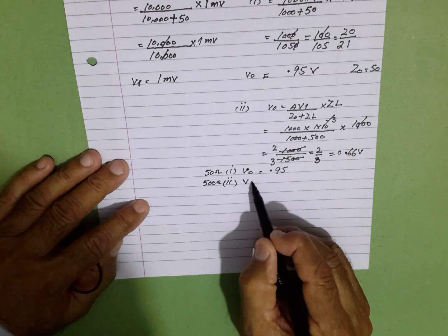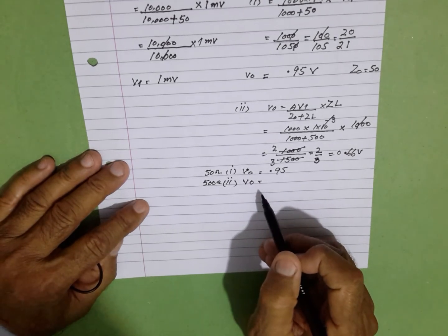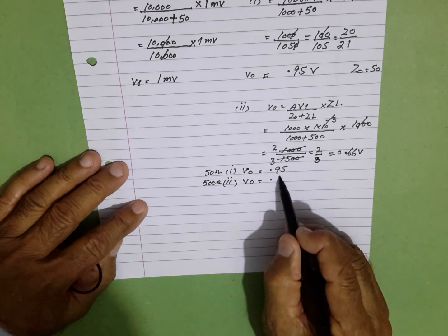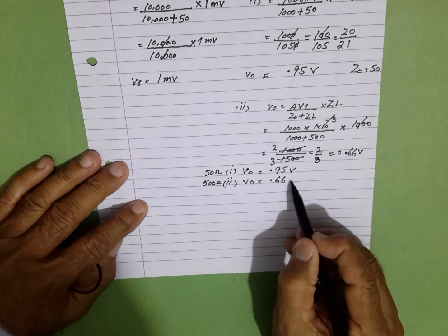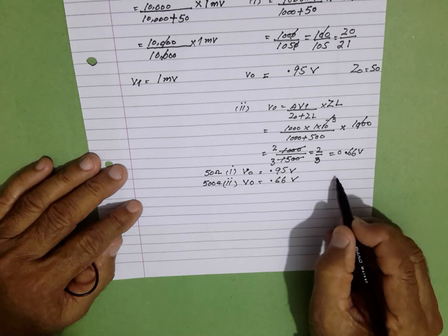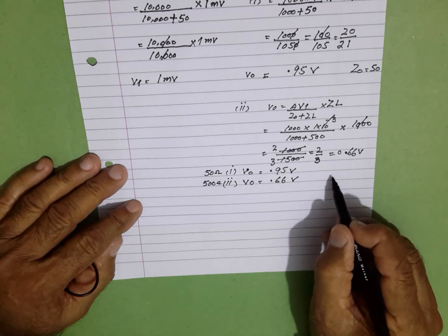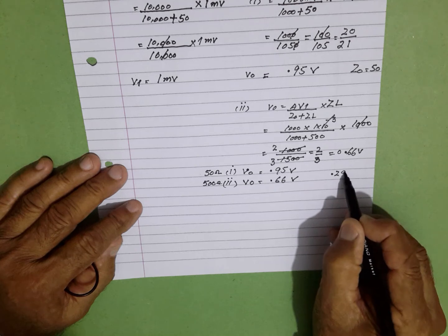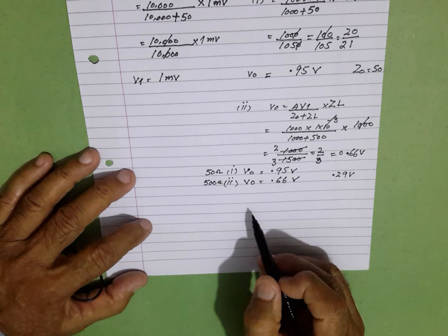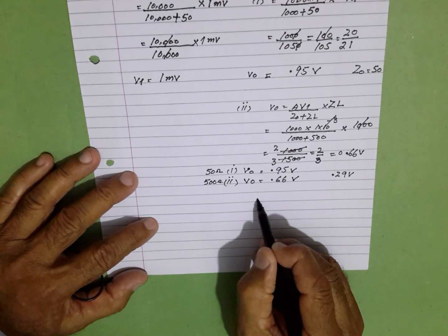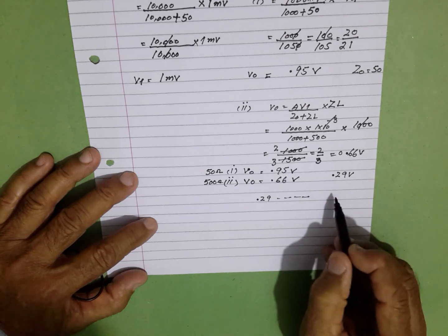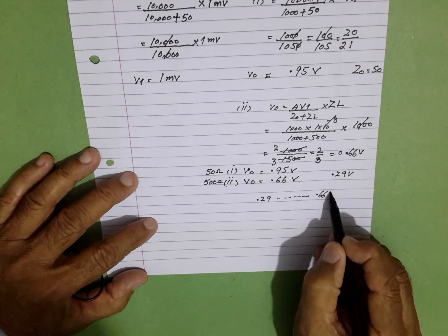When ZO was increased to 500, the output voltage dropped to 0.66 volt, and the voltage dropped from 0.95 volt to 0.66 volt, the difference is 0.29 volt. And we can further find out the variation in percentage. 0.29 was the difference, and it brought the output to 0.66 volt.